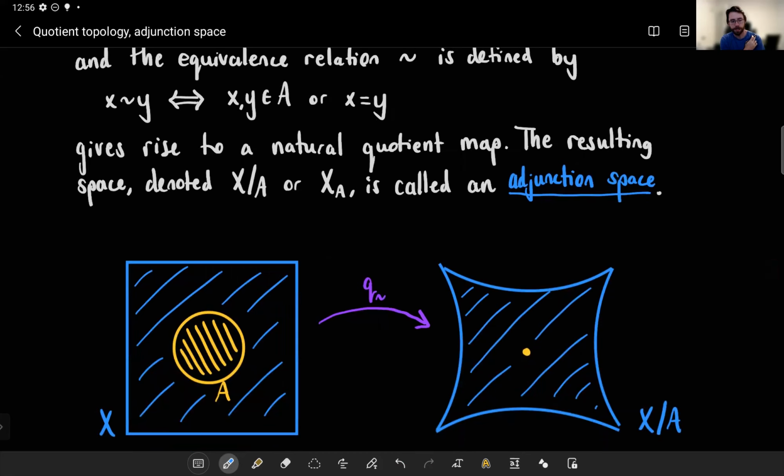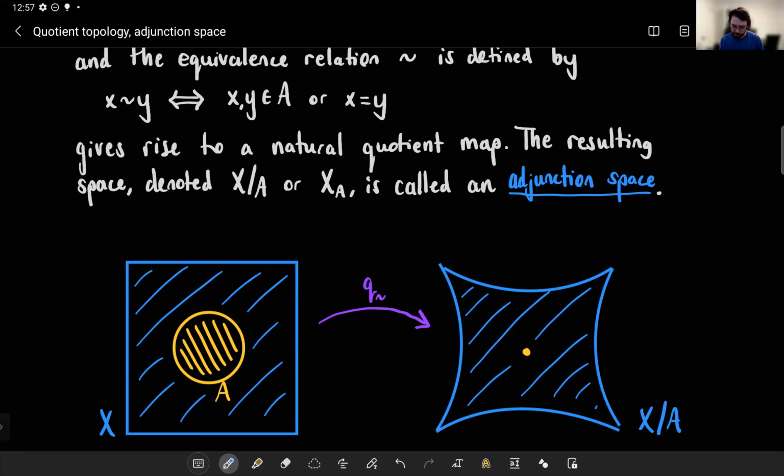You started with some topological space X, you had some subspace A. Remember, when I say subspace, I mean it has the subspace topology. It's not just a subset, it has its own relative topology. And applying this natural map that we get from the equivalence relation, you can imagine it like taking a napkin and bunching up the center.